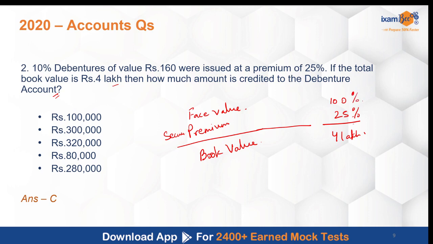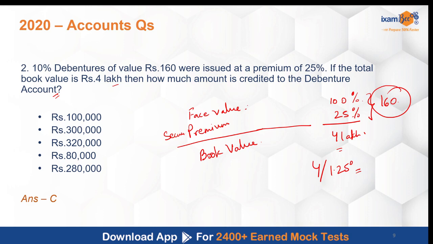So if this is 1, this 25% has been given to us, and we know that this is 160. So we have to calculate that. However, this is not really required. If you see, 125% is leading to 4 lakh. So if you simply divide 4 lakh by 125% or 1.25, you will get your answer of how much is credited to the debenture account.